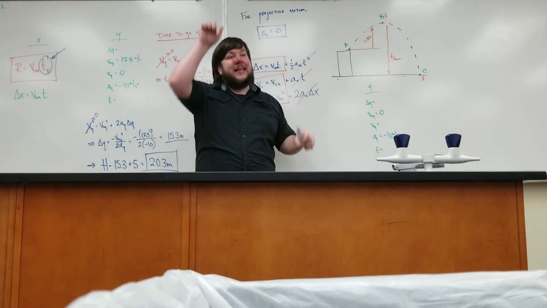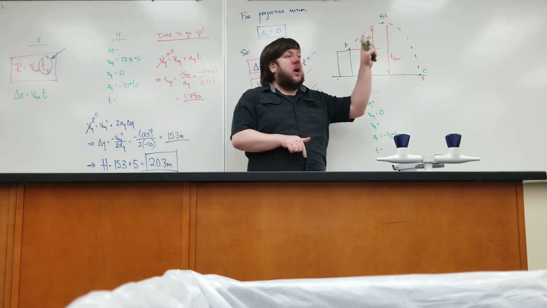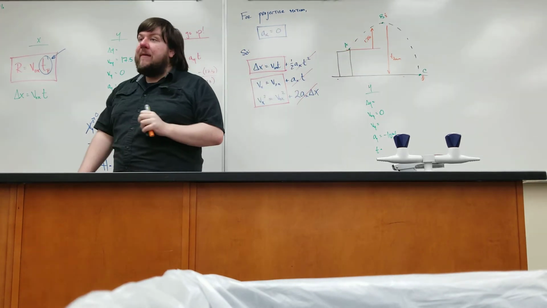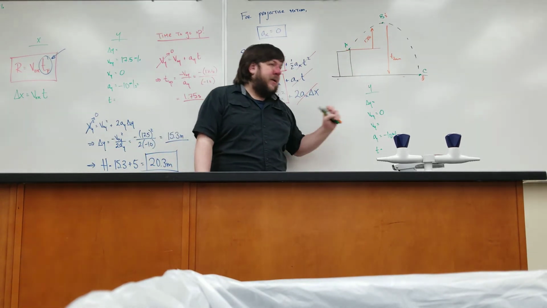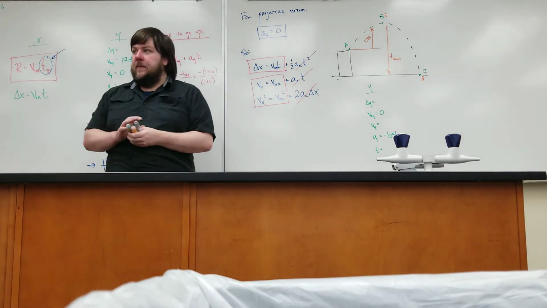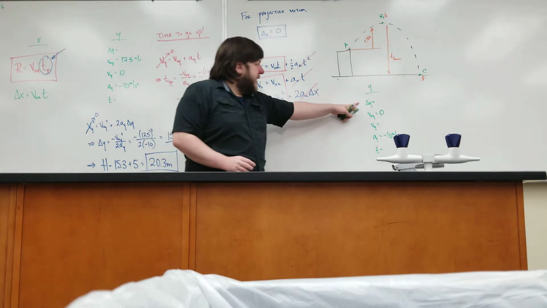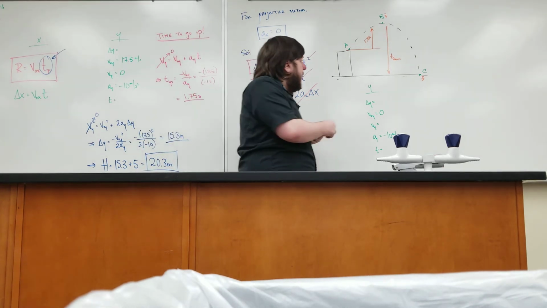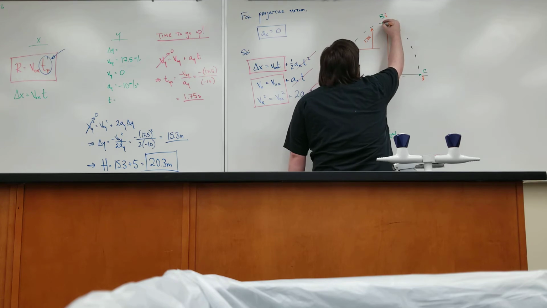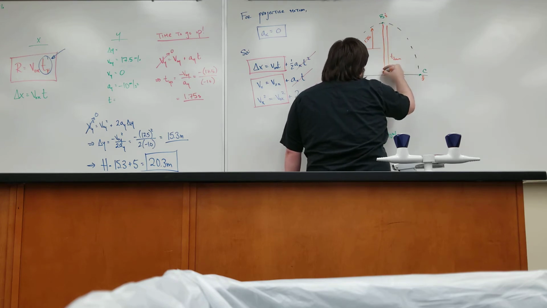So it's not going to hit the ground at the same speed that it was launched at. So what does the third variable have to be? The displacement. So somehow we have to figure out what this delta y is.